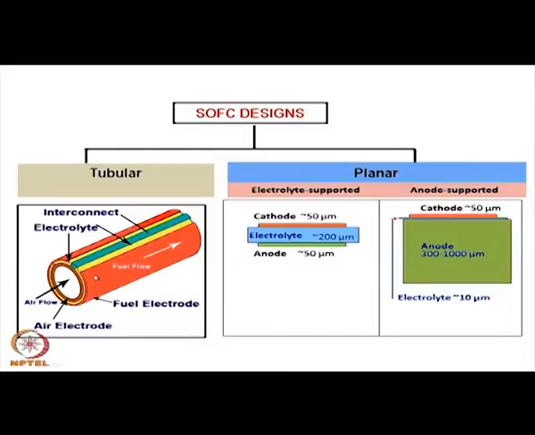So, this red one is actually the anode. This is the electrolyte, the inner layer is the cathode layer of strontium doped lanthanum manganite, or in short LSM, and the red one outside is the anode, the nickel zirconia cermet. That is how it has been made.